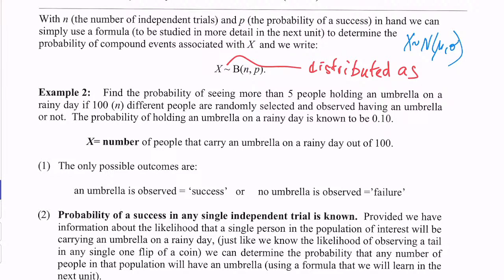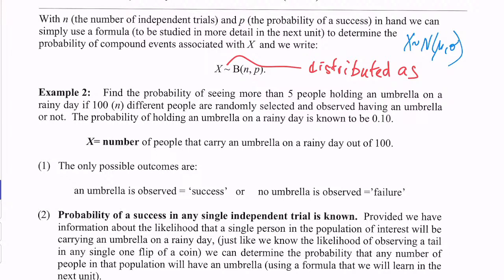Okay? So, for example, I could ask a question like, find the probability of seeing more than 5 people holding an umbrella on a rainy day. Why would I want to do that? Maybe we want to be sure that at the front of a business or in a mall, we have enough bags for the umbrellas. If you've ever seen the bags in Nordstrom that you can put your umbrella in when you walk in to avoid wetting the floor.